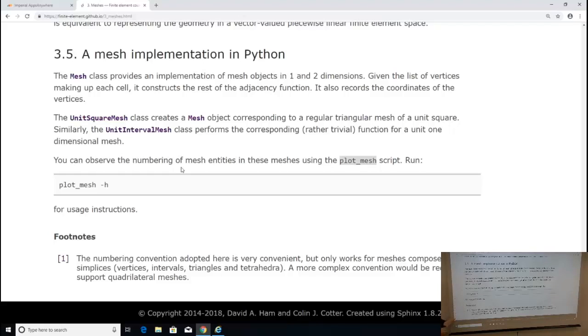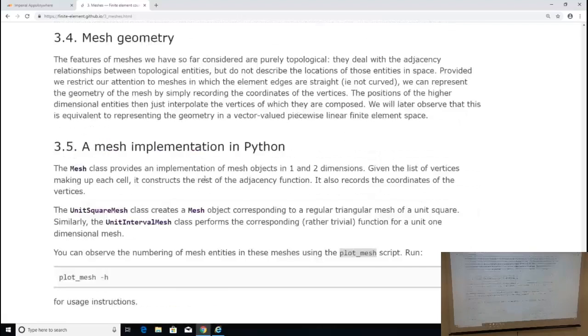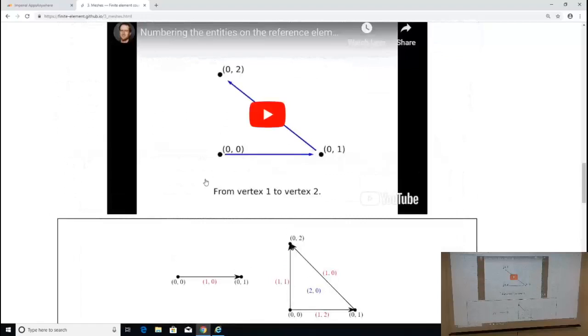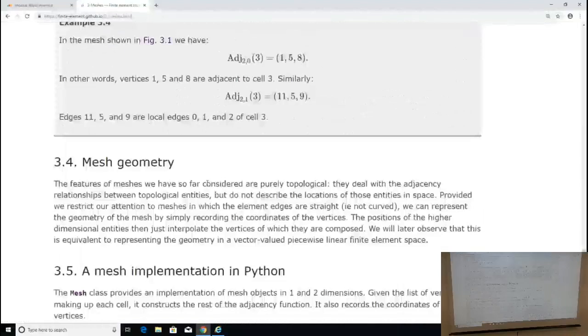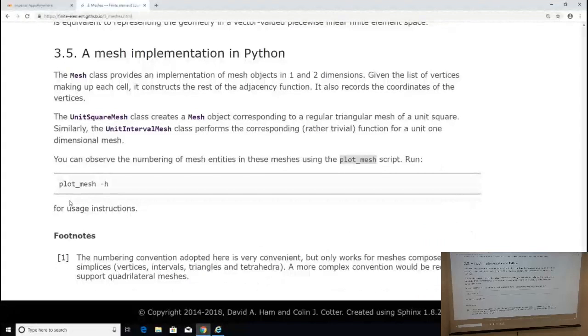And there's a plot mesh script which you can use to look at those guys and see pictures that look sort of like this. You will notice here that I haven't told you how to use it. So for those of you not so familiar with the Unix command line, it's conventional that the -h option to commands is for help. And if you run plot mesh -h, it will print out the instructions for how you run it and use it.